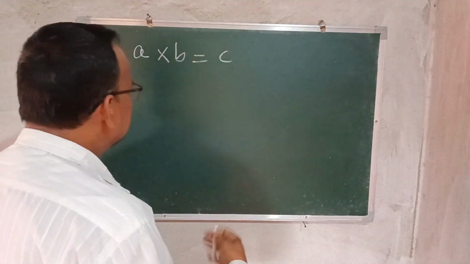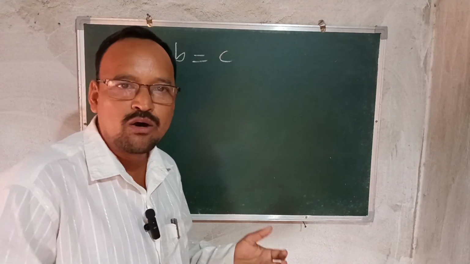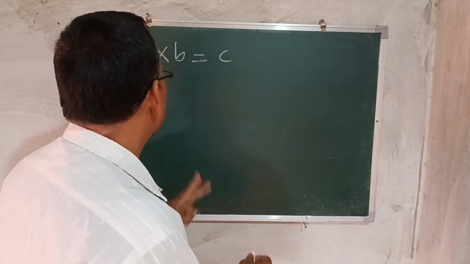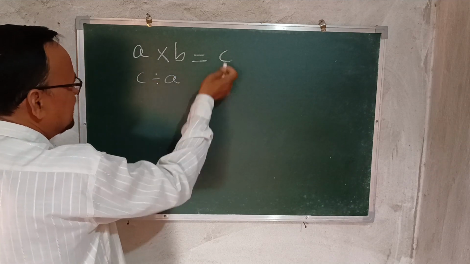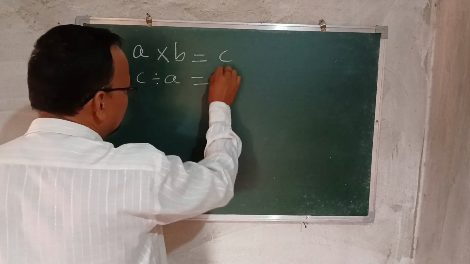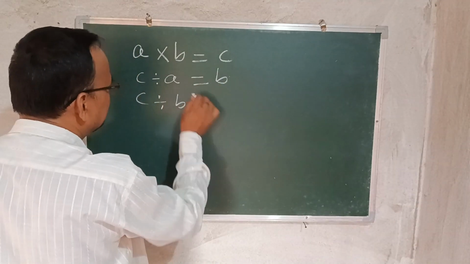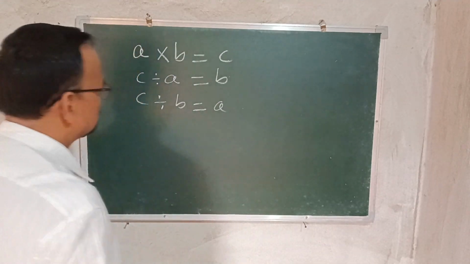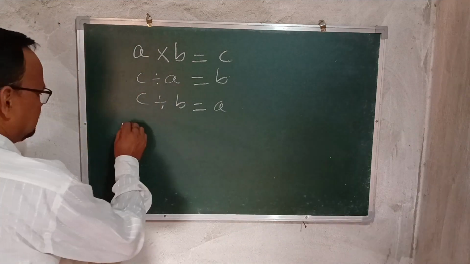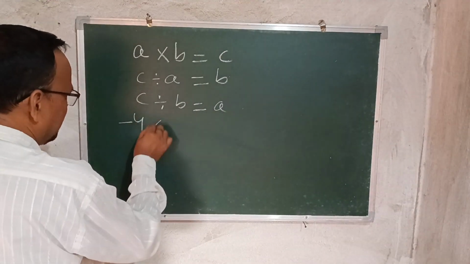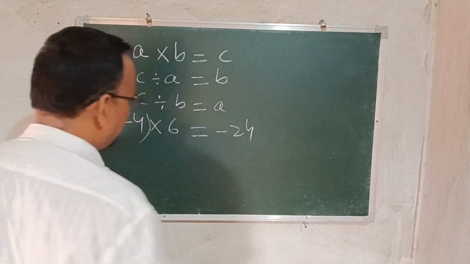From this multiplication we can find two divisions. C divided by A gives B, and C divided by B gives A. Let us take an example. -4 into 6 is equal to -24.